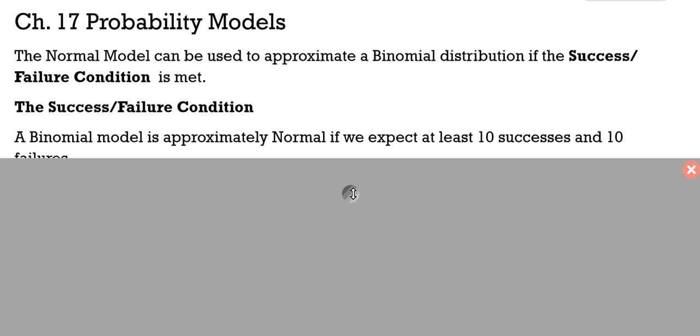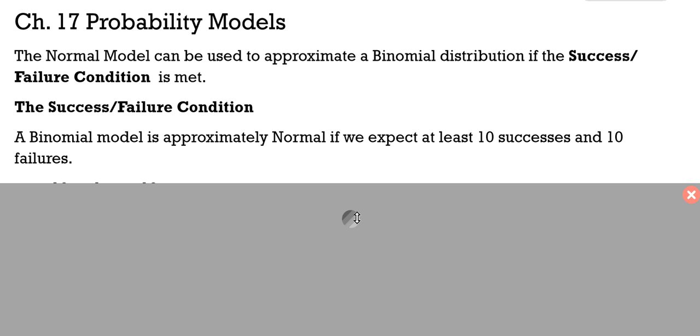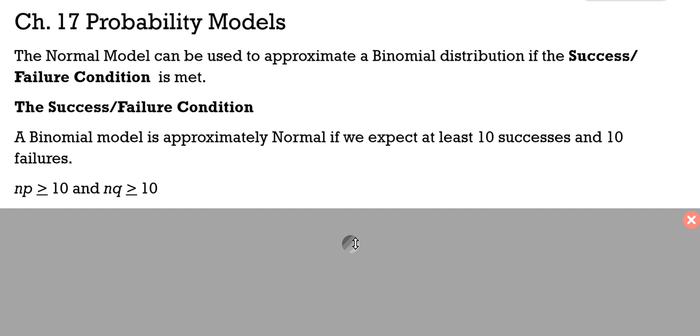If we can expect at least 10 successes and 10 failures, we can use the normal model to approximate the binomial model. Basically, we're going to take n times p, and if it's greater than or equal to 10, and n times q is greater than or equal to 10, then we can use a z-score to calculate the probability of any particular number of successes.